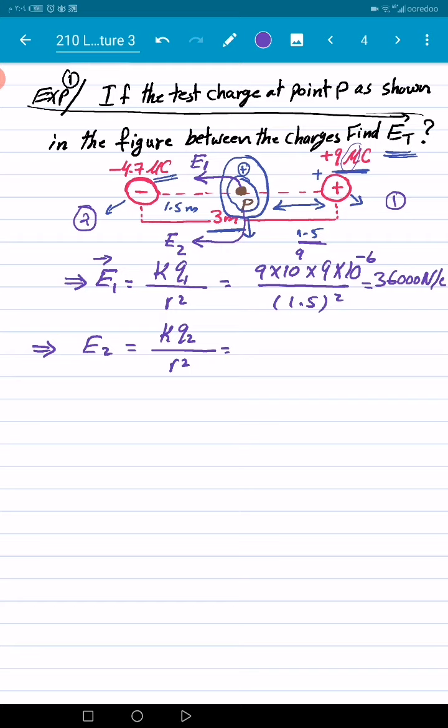So K, 9 multiplied by 10 to the power 9, multiplied by minus 4.7 multiplied by 10 to the power minus 6 coulomb, divided by 1.5 squared.